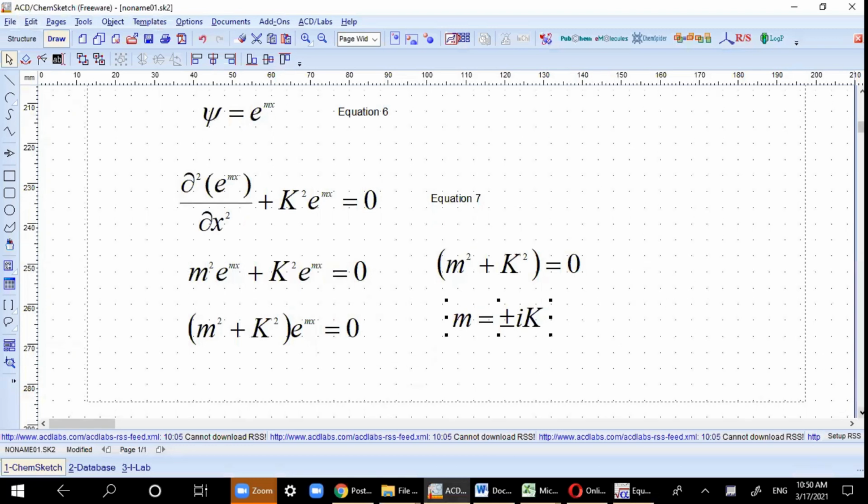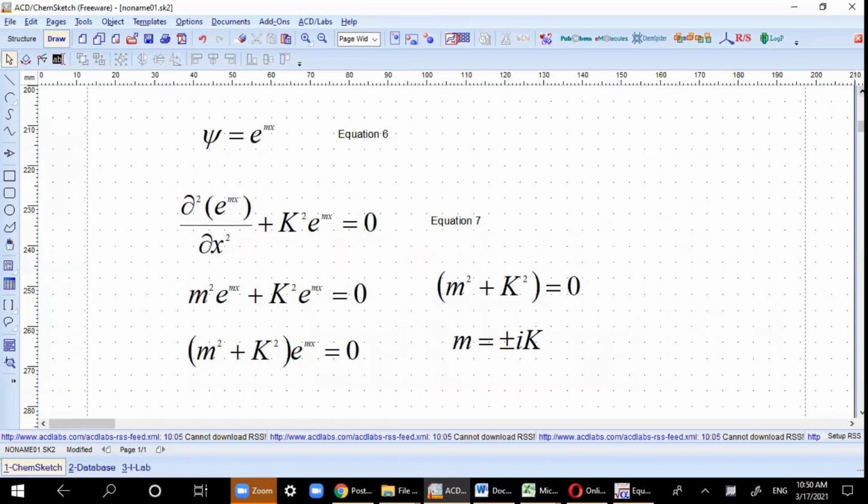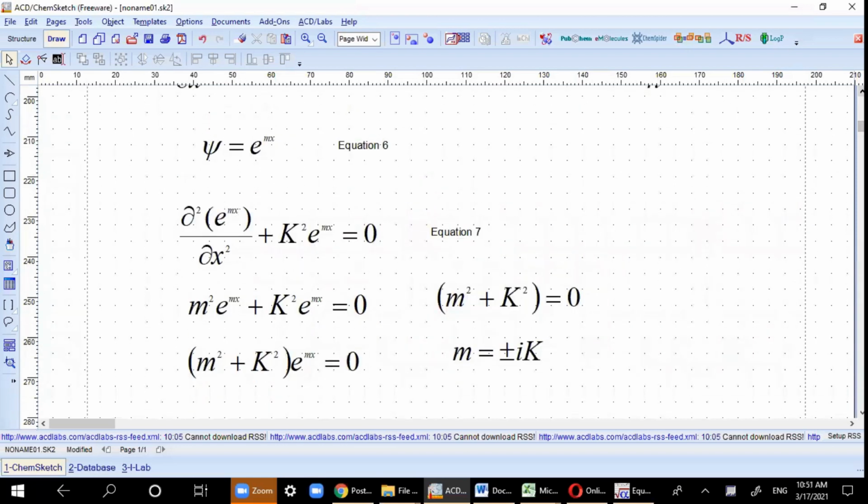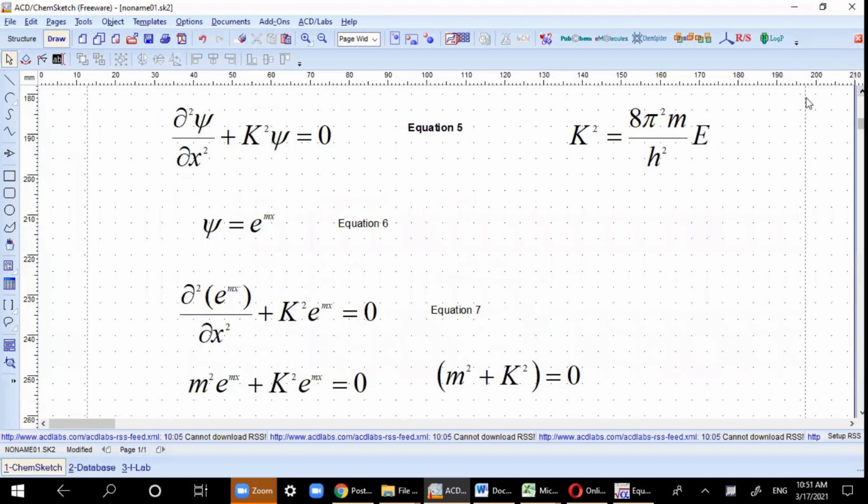Now you substitute this m value in equation 6. We are assuming that the solution for equation 5 is equation 6 and substituting the psi value.